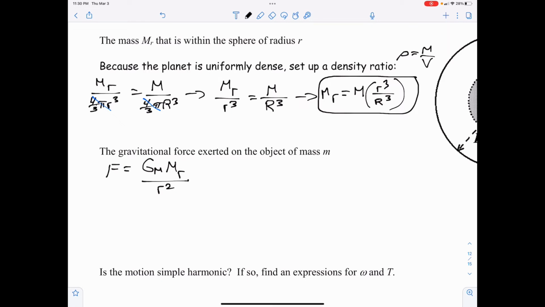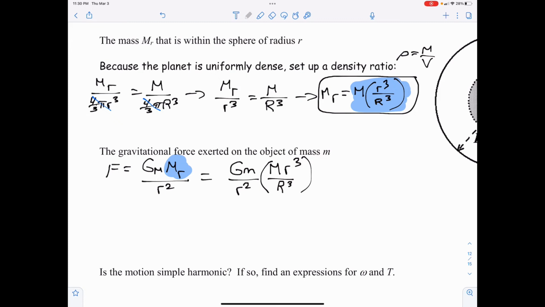If we make some substitutions, we can substitute our value for M sub r, and we get big G, little m, over r squared times big M, r cubed, over big R cubed.